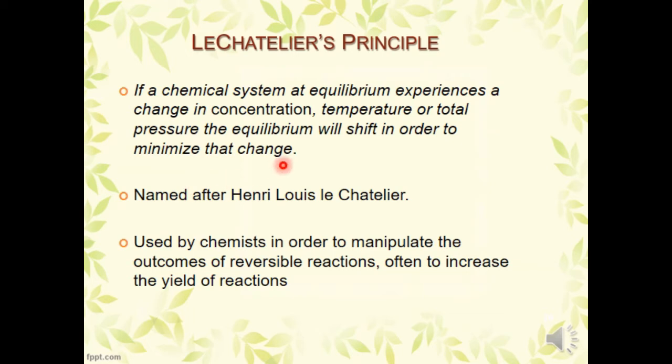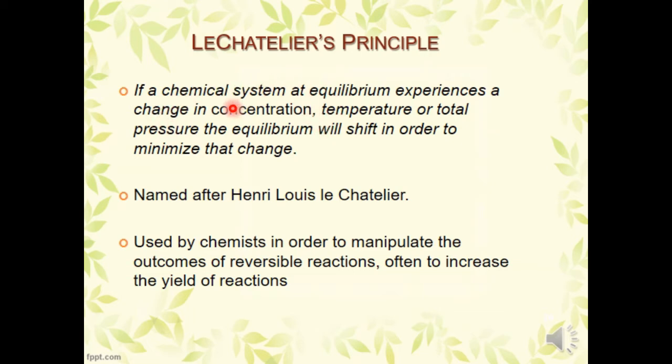So based on Le Chatelier principle, if a chemical system at equilibrium experiences a change in concentration, temperature or total pressure, the equilibrium will shift in order to minimize the change.